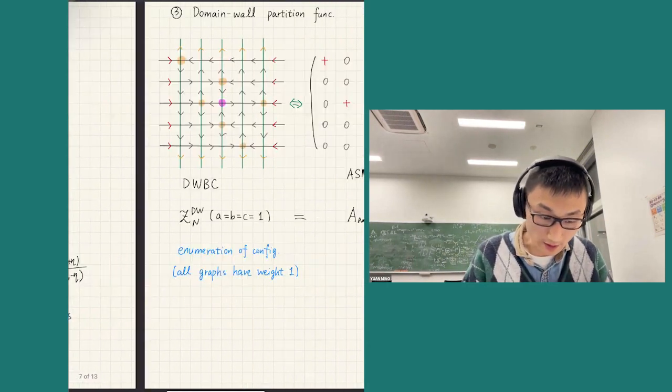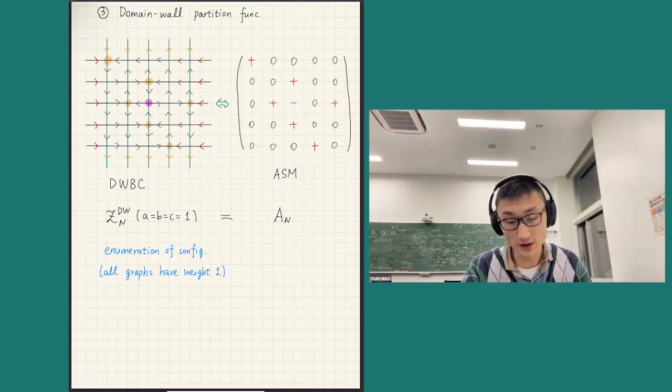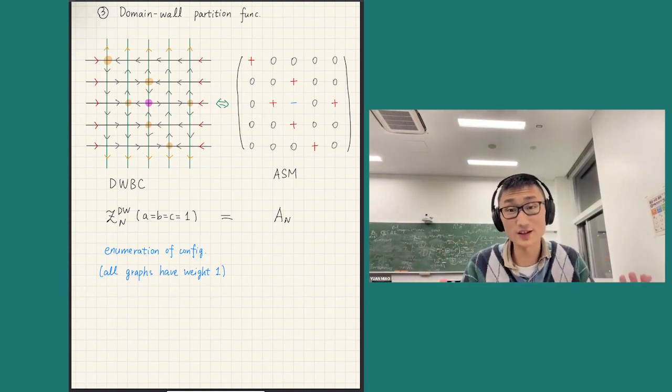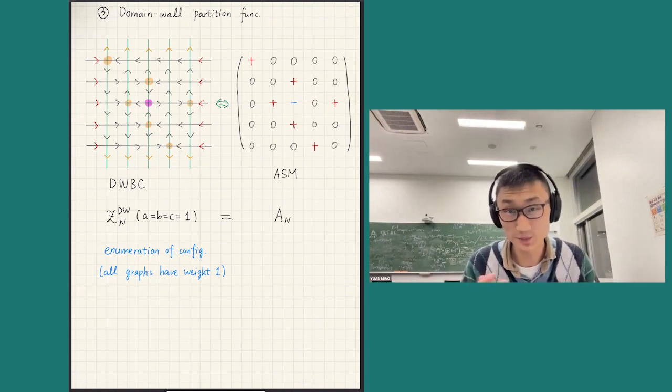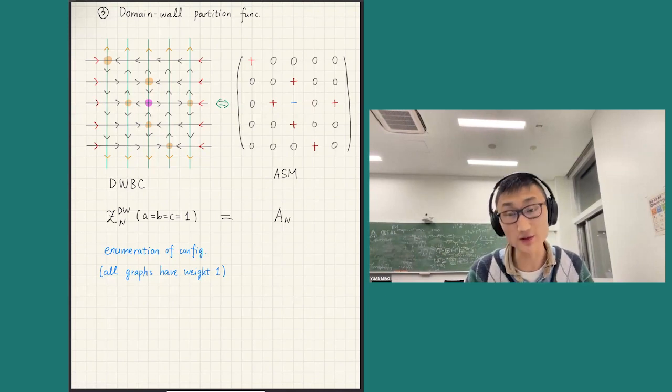And then we move on to a specific case, because we are solving essentially a statistical mechanical model. So what's really important here is essentially the partition function. And obviously, the partition function depends on your boundary condition.